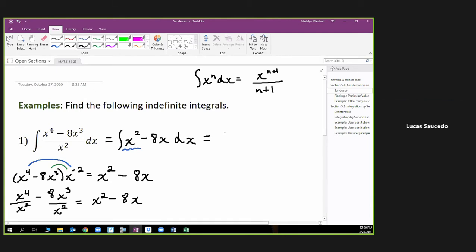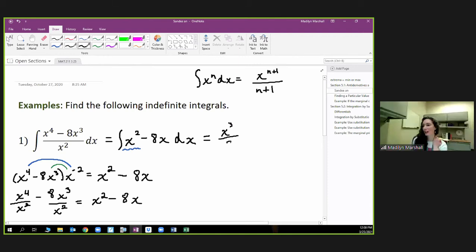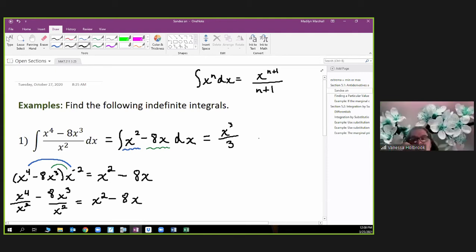X cubed over 3. Exactly, x cubed over 3. So we're raising that power by 1 and dividing by the new power. So then how about minus 8x? For x squared.